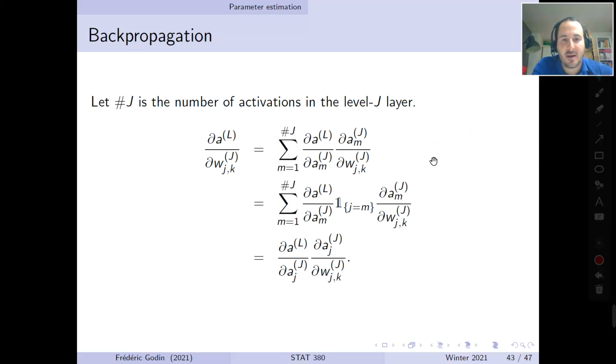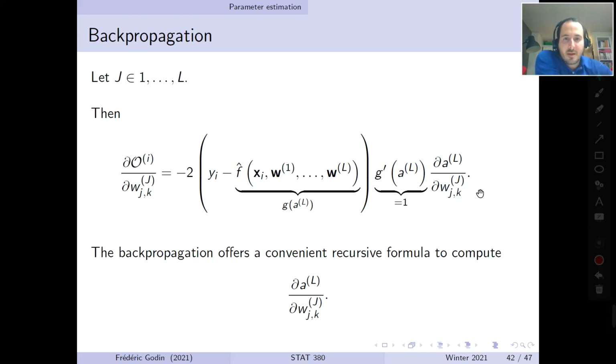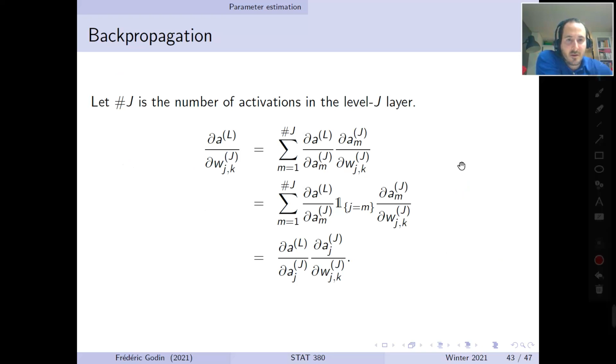So if we go back here, the activation a_m^(J), I apologize, is the summation of w_mk times some quantity.